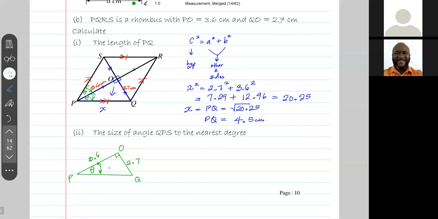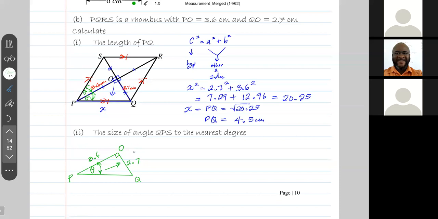Guys, tell me, what is this side to the angle? Opposite. What is 3.6 to the angle? Adjacent. Which trig ratio includes opposite and adjacent? Tan.